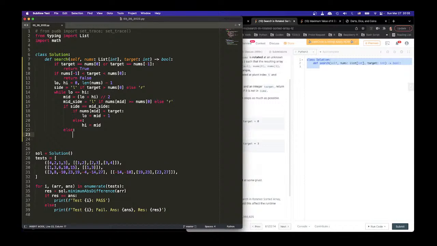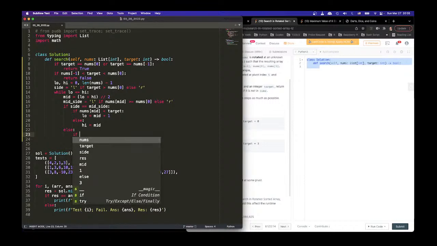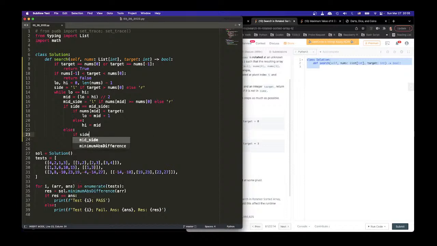So say else if side is not the same, right? Side is not the same. So we say if side is equal to L, right?